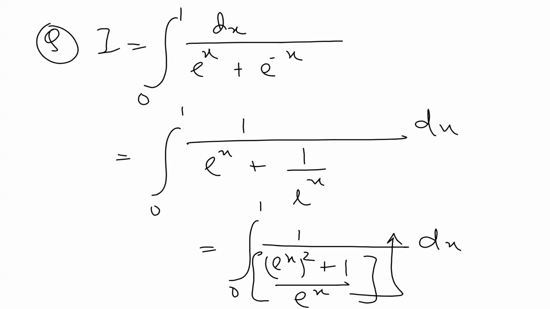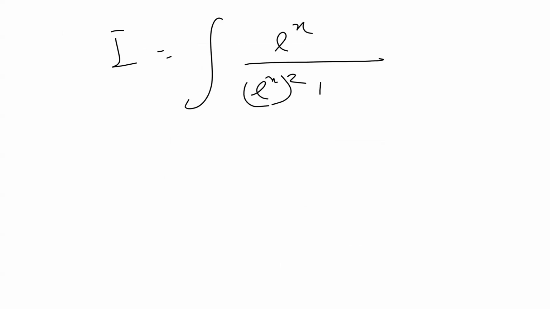And then I'll send this up. Now you put e raised to x as t, that is the hint. And 1 upon 1 plus t square or 1 upon t square plus 1, the answer will be tan inverse t. So that's more or less what I have to say in this problem.